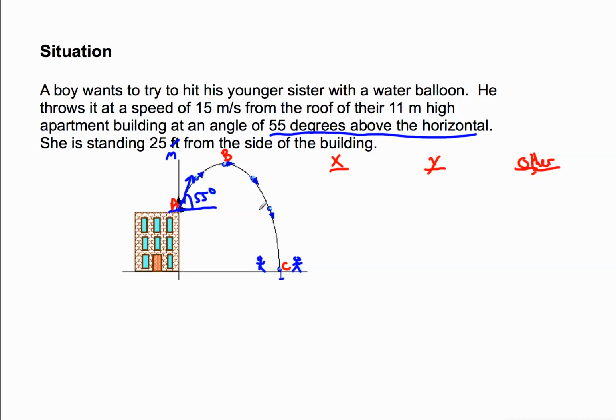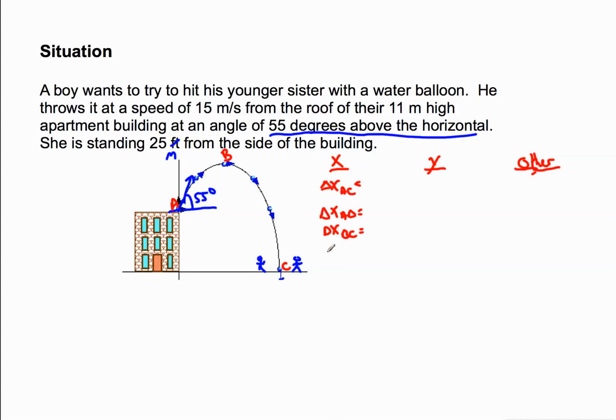All right, in the x dimension, we have things like delta x from A to C, delta x from A to B, and delta x from B to C. Now some of these we may know, some of them we may not, but again I want to make a list of all the possible variables.